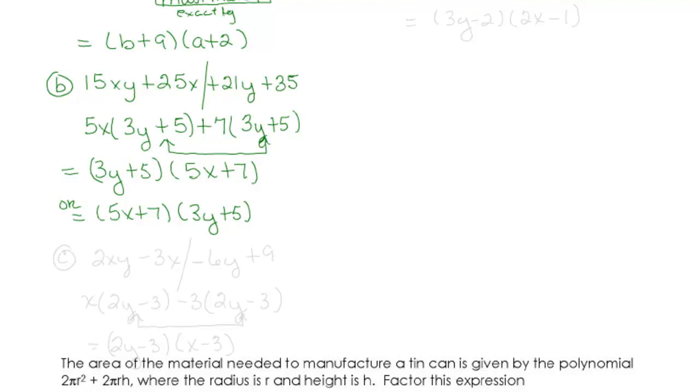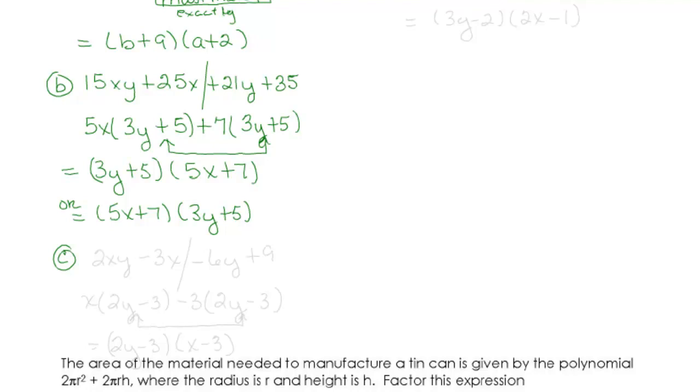But as long as one parenthesis has 3y plus 5 and the other has 5x plus 7, it doesn't matter which order it is in. And we're going to get into just a little bit of factoring trinomials today, the easy ones.